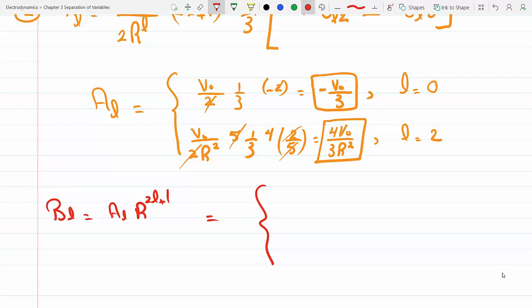So again, there are going to be two answers. If L is 0, then this is just going to be minus V0R over 3, and if L is 2, this is going to be 4V0 over 3 r squared, and I'm going to multiply this by R to the 5th.